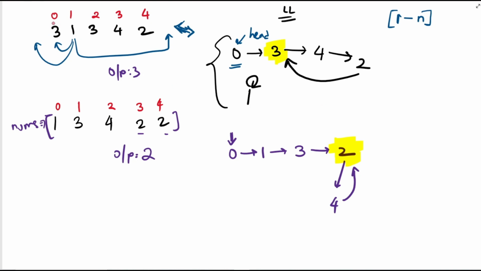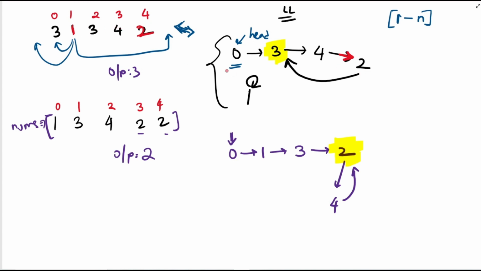So if you observe this example, you can see that 1 is appearing only one time, or 2 is only appearing one time. So what does that mean? If 2 is appearing only one time, that means in our linked list, only one member is going to point to this 2, correct?